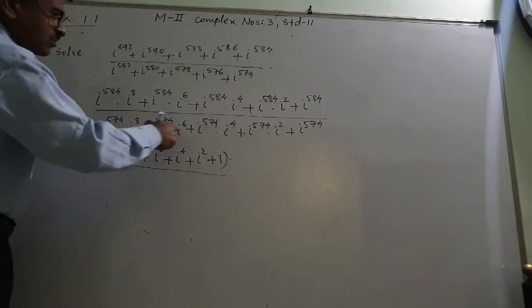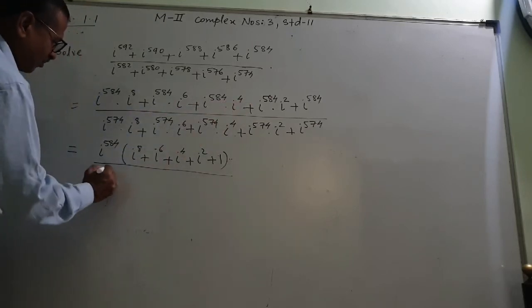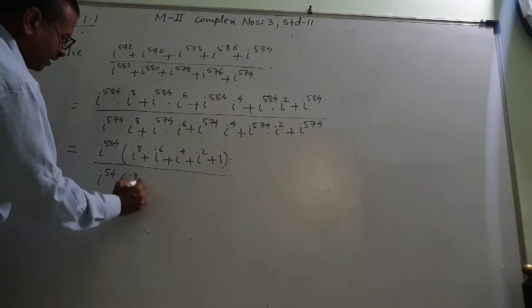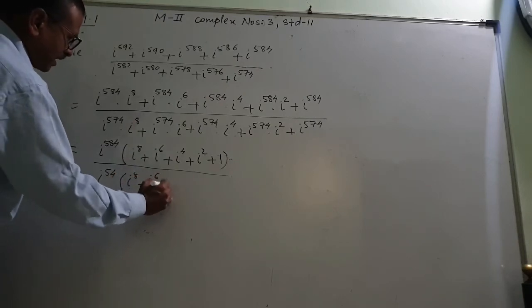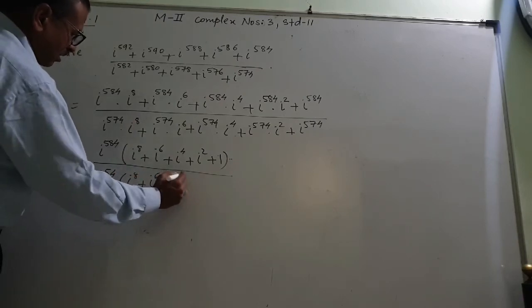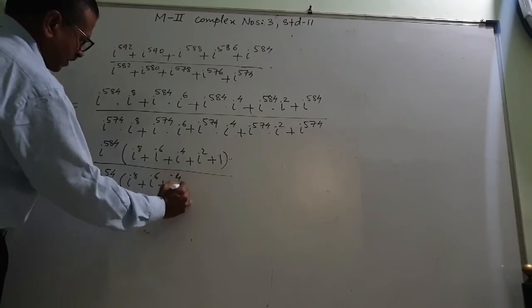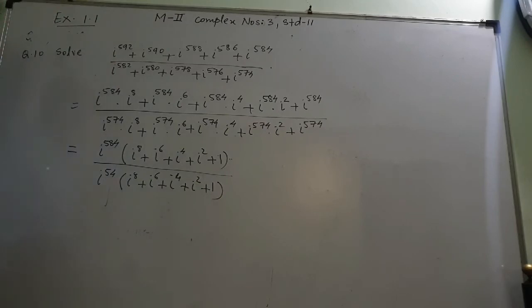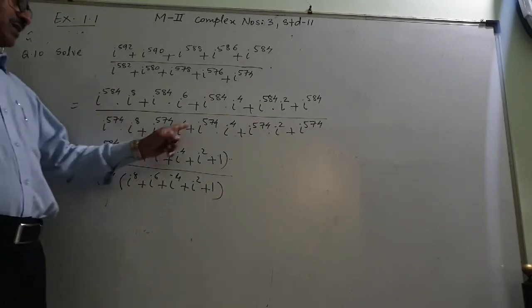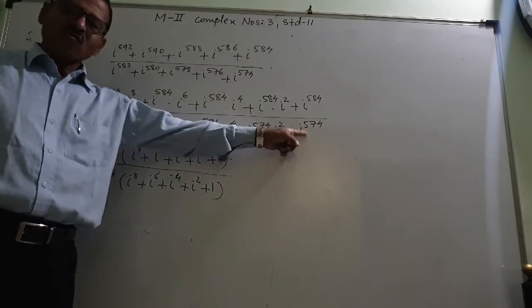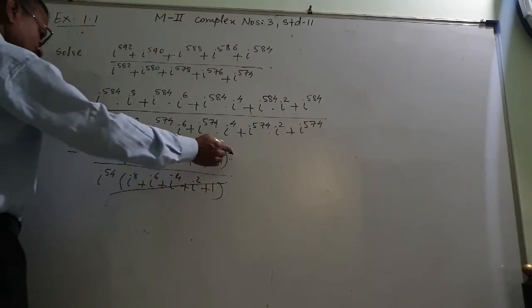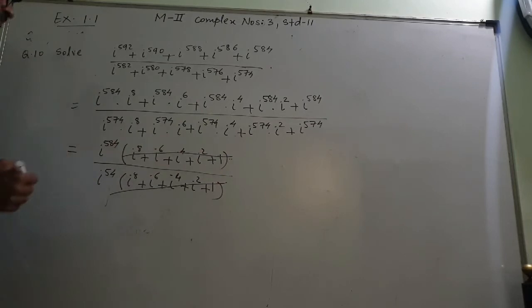Now here what is common? i raised to 574. What is remaining here? i raised to 8 plus i raised to 6 plus i raised to 4 plus i square plus 1 is remaining. This and here 1 will remain. See this. You can cancel these two. These are the same term.